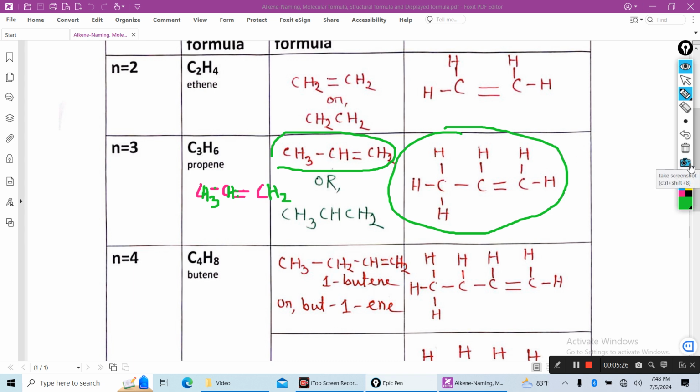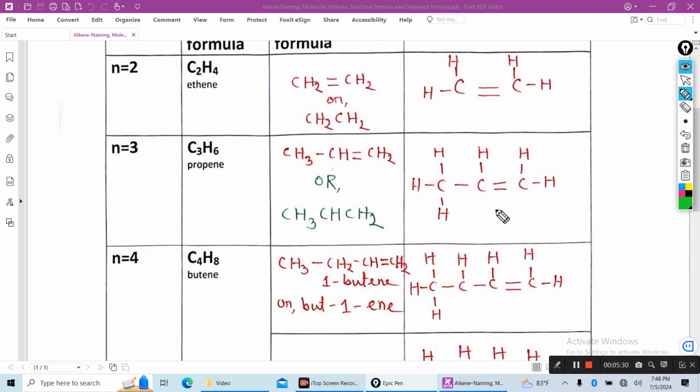So you see how you write the displayed formula of propene. First you write 3 carbon, as it is alkene, so you will give a double bond. If I give the double bond here, the right carbon needs 2 hydrogen, so we need to write 2 hydrogen.